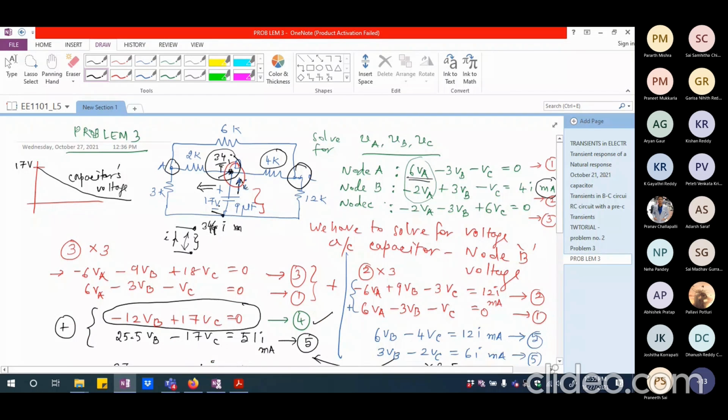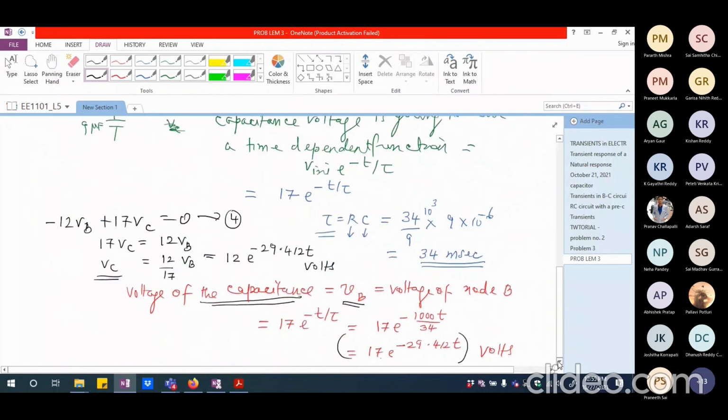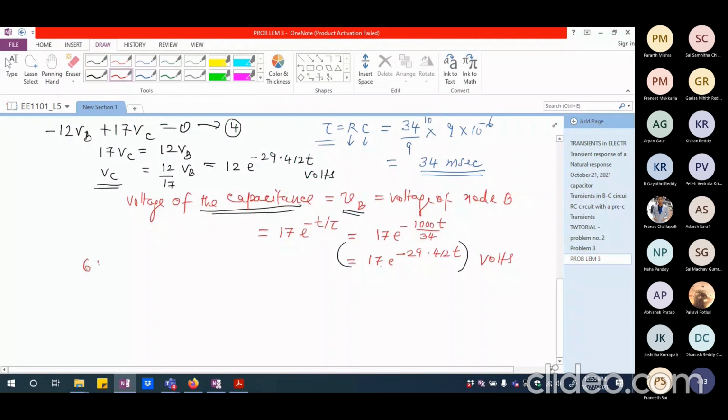Now what is VA? VA can be deduced either by using this equation or by using this equation. So VA definitely you can make use of either 6 VA minus 3 VB minus VC. So let us write that. 6 VA minus 3 VB minus VC equal to 0.